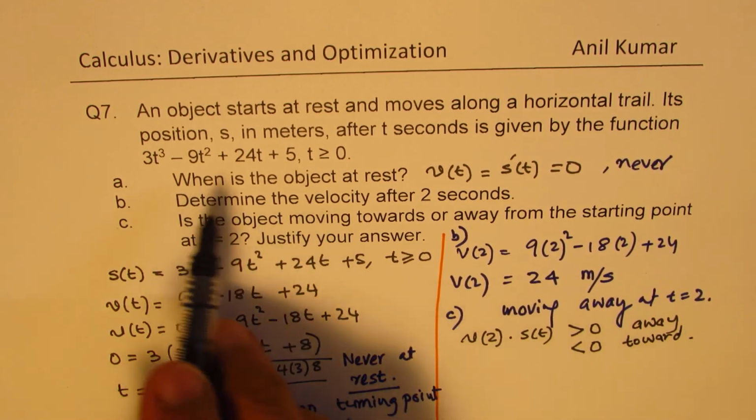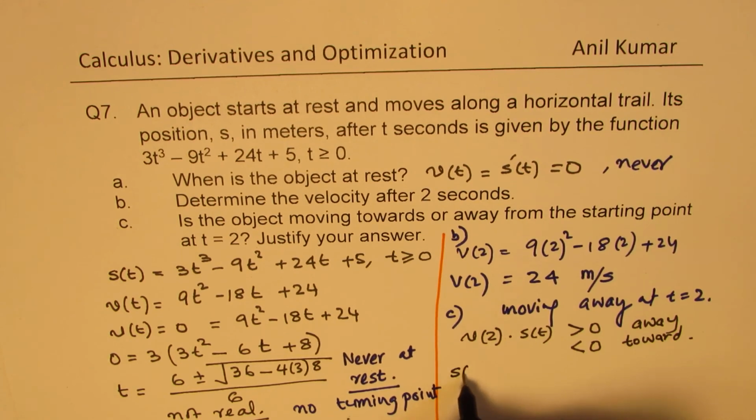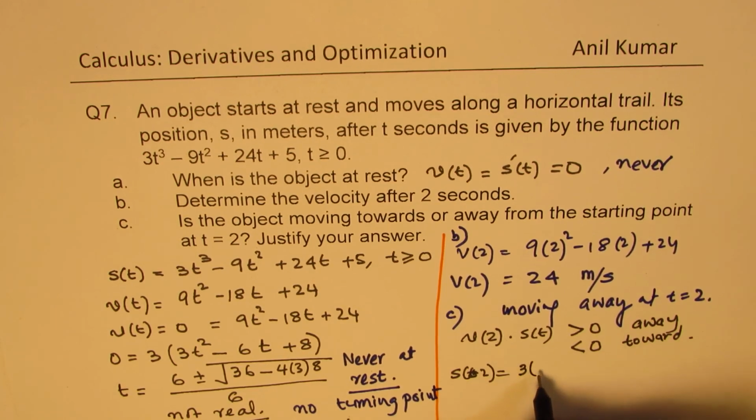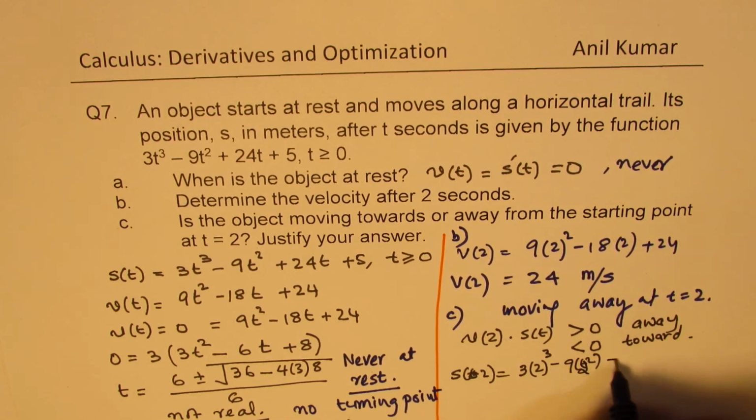Now let's figure out what s of 2 equals. So s of 2 will be 3 times 2 cubed minus 9 times 2 squared plus 24 times 2 plus 5, correct?